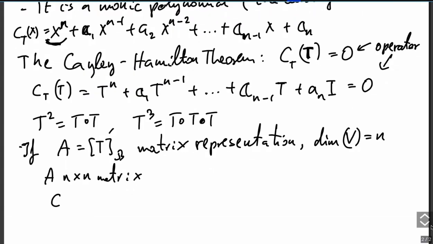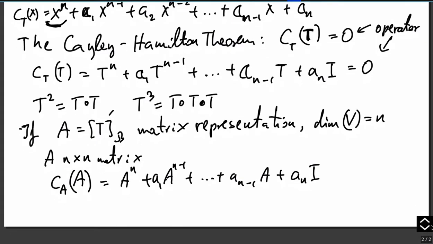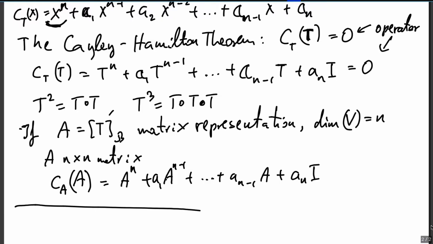Another way to write this is that the characteristic polynomial, when we substitute the matrix A, is A to the n plus a1 times A to the n minus 1 plus a sub n minus 1 times A plus a_n times the identity matrix. And then, of course, it's much easier to talk about the power of a matrix because it's just multiplication of the matrix by itself. So these are preliminaries that we will have to use at some point.